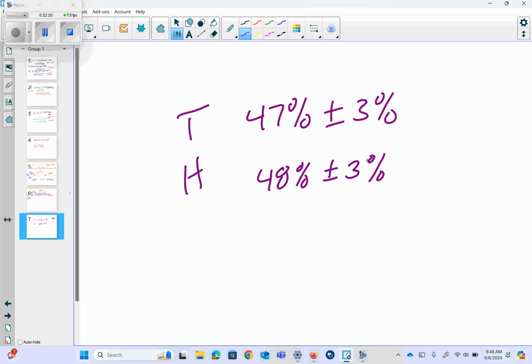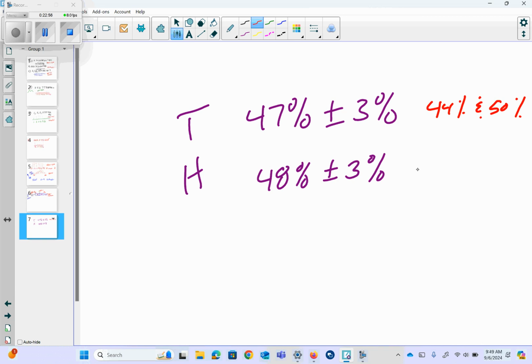Okay, so that plus or minus 3%, it could be plus or minus whatever percent you want, is called the margin of error. Do you want to know what this poll means? They have no idea who's leading. This person with the initial T could get between 44% and 50% of the vote.